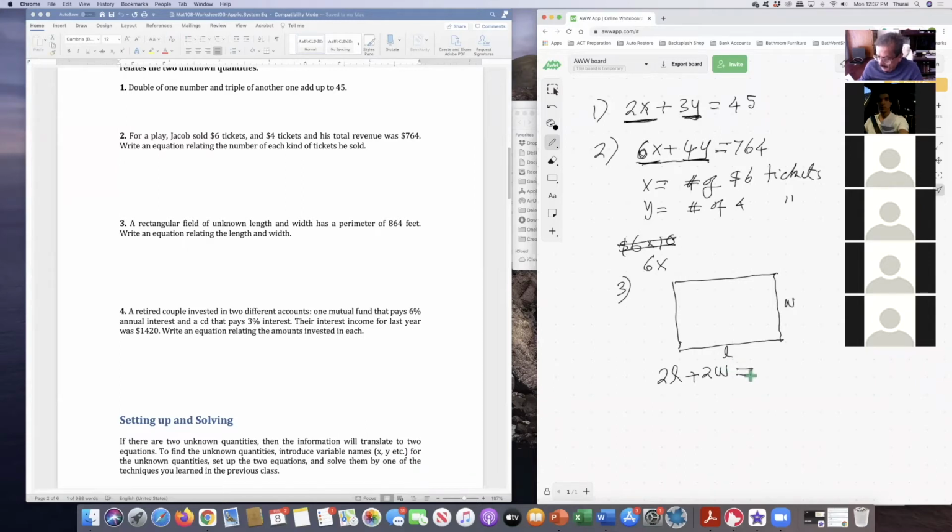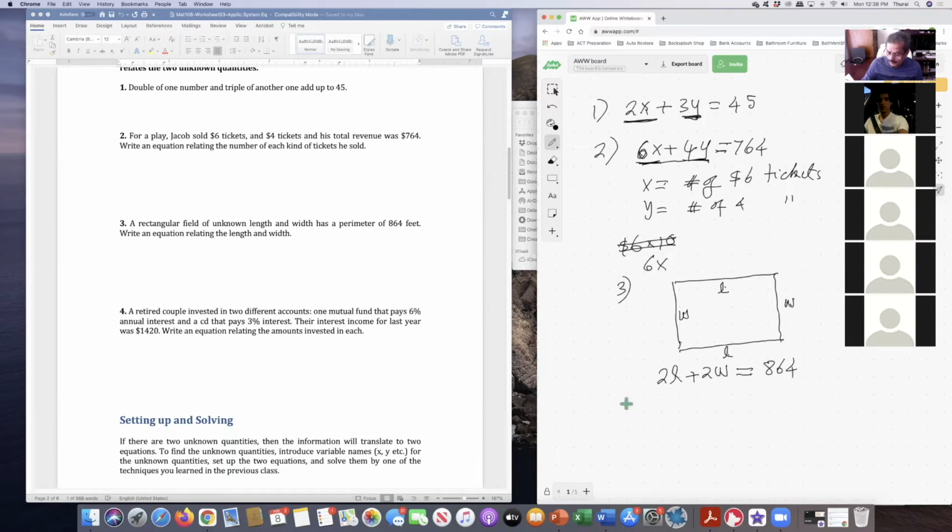I'm using L and W. So 2L, because the opposite side to this L is also equal to L. Similarly, this is also equal to W. Perimeter will be total measurement around it. So L plus W plus L plus W, which is equal to 2L plus 2W, and that will be equal to 864. That's our equation. So perimeter is 2L plus 2W always for any rectangle. Area of a rectangle will be L times W, length times width. Now here they're talking about perimeter.